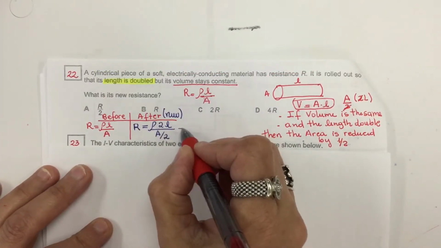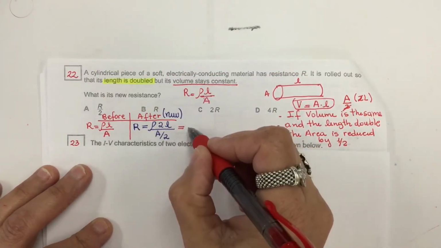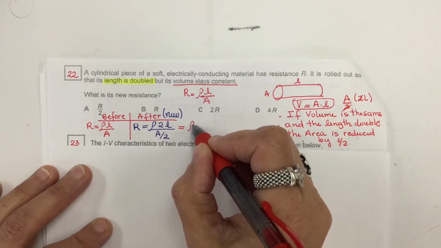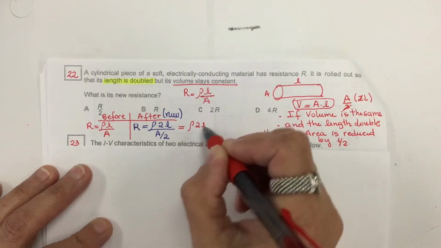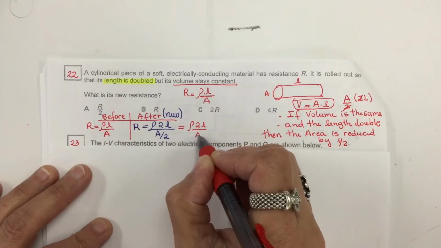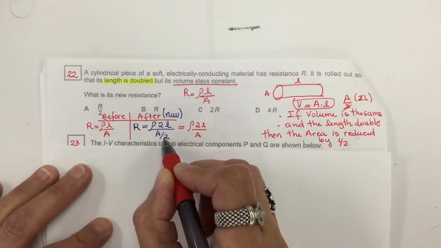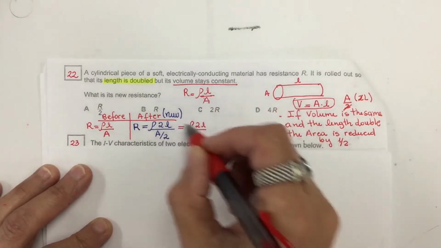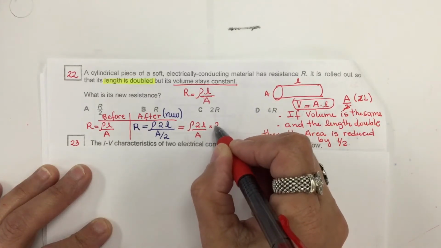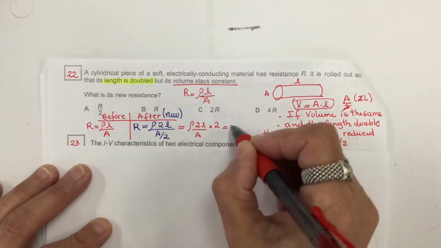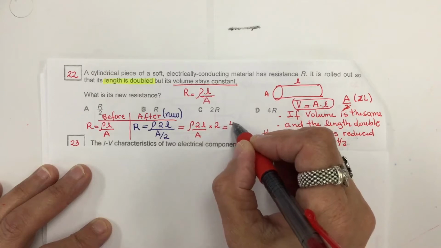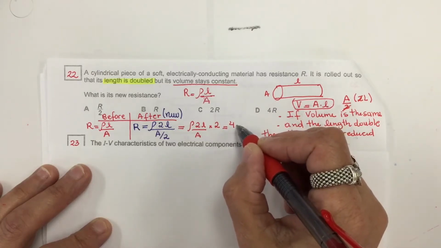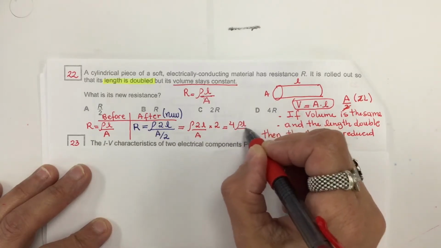Solving this, we have rho 2L over A over 2. Now the denominator of this fraction is going to be flipped to the numerator, and this is 4 rho L over A.